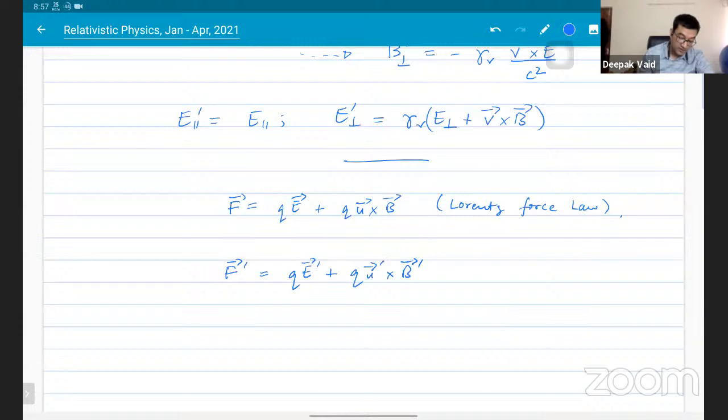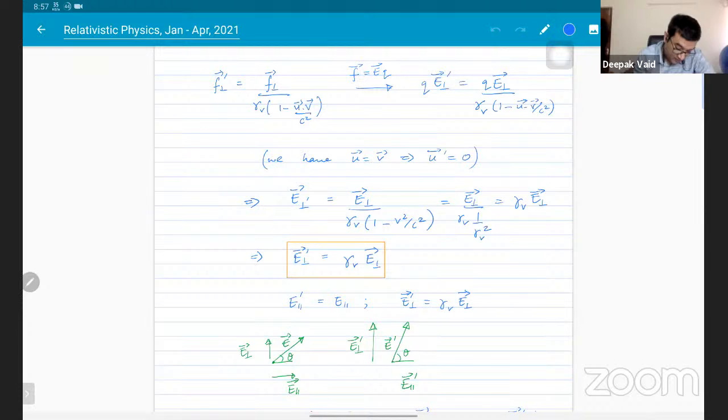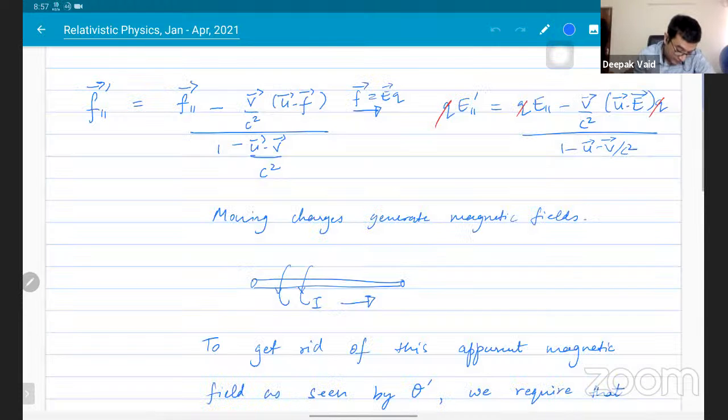Now, if I set u is equal to v, that means u prime is equal to 0. This means that F prime is equal to qE prime, right? And this is the parallel component of the force. And how does the parallel component of the force transform?